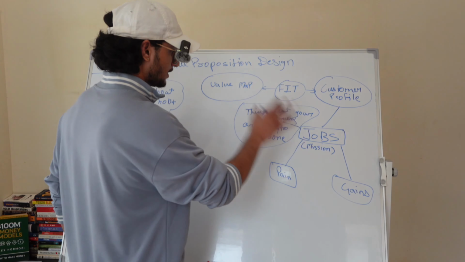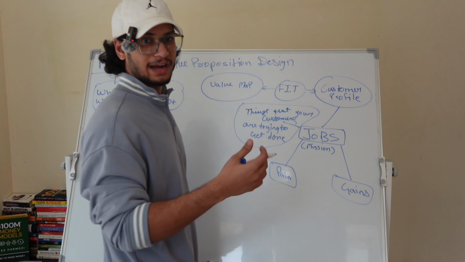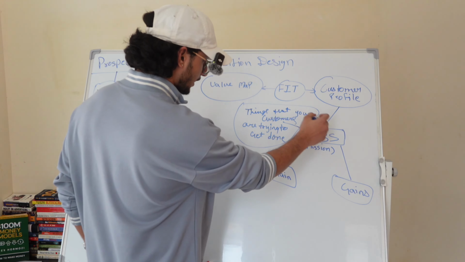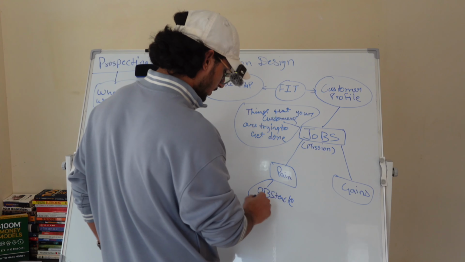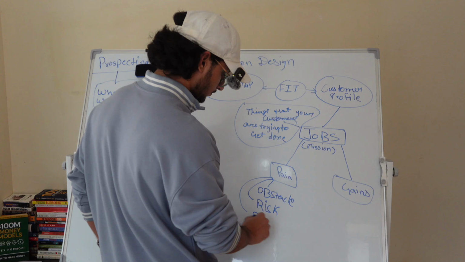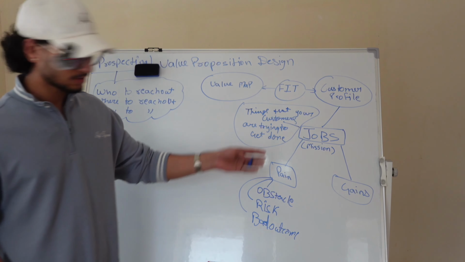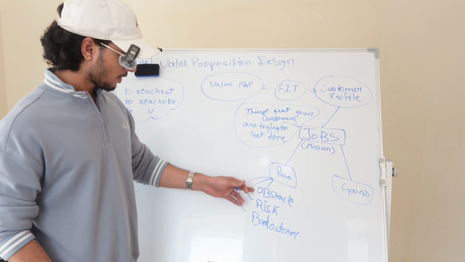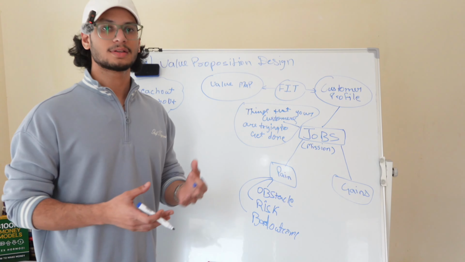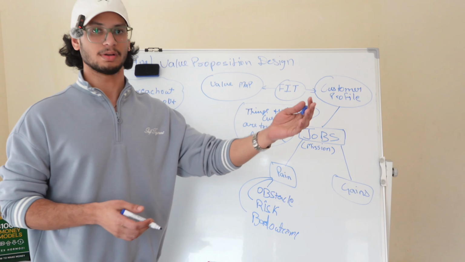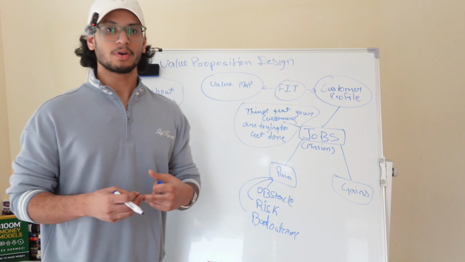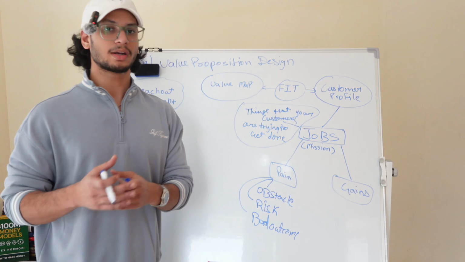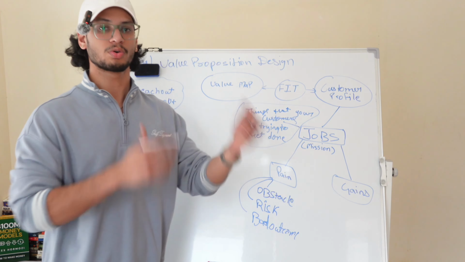Basically, it's anything that your customers are trying to get done, and any obstacle, any risk, any bad outcome related to the customer's job is called pain. If your client's job is to reach out to people, the obstacle can be them not receiving any reply, not getting qualified leads, not getting qualified people on the call, or people not showing up on the call.